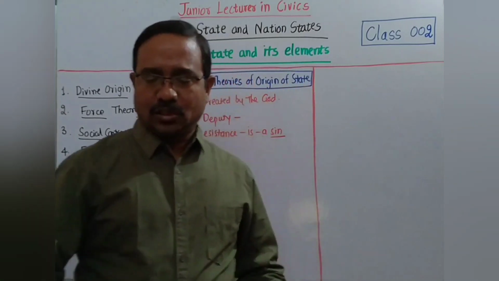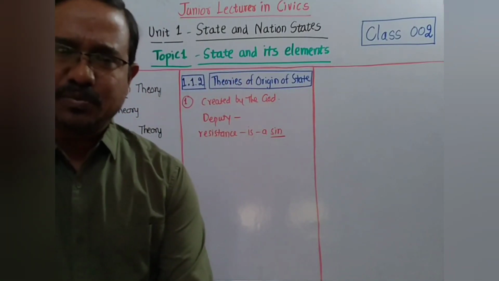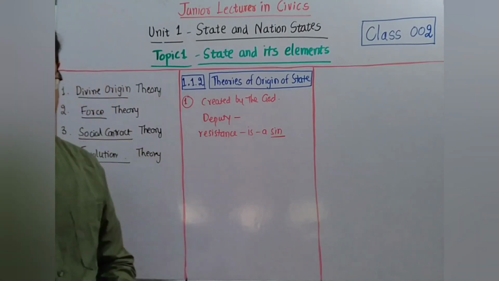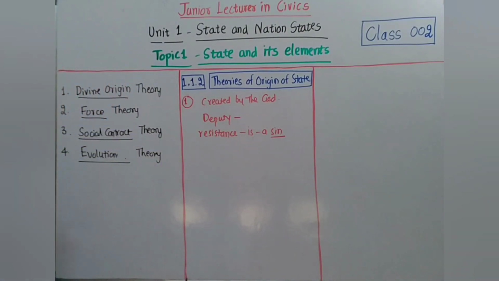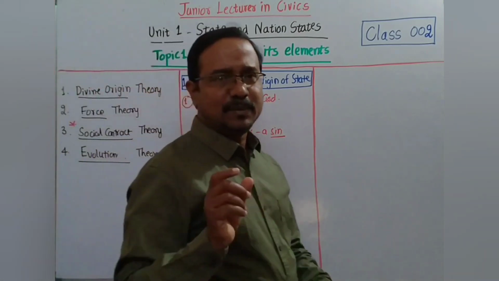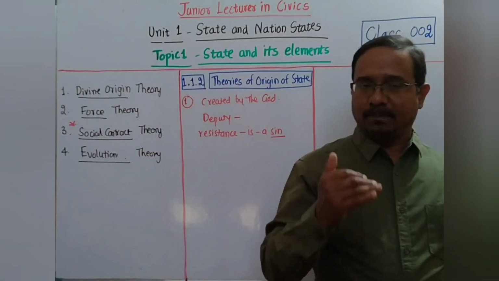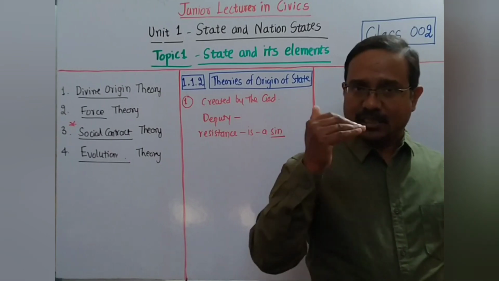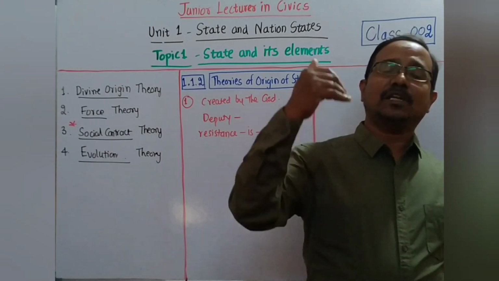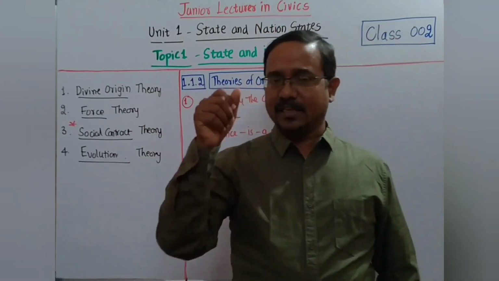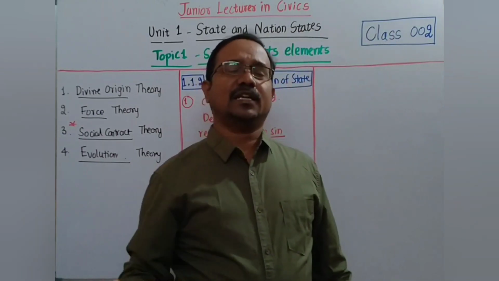And the third theory, the most important theory, which many people accept, is the social contract theory. That means there is a contract between the public, the ruled, and the ruler. Ruler means the king. The ruled means the general public.